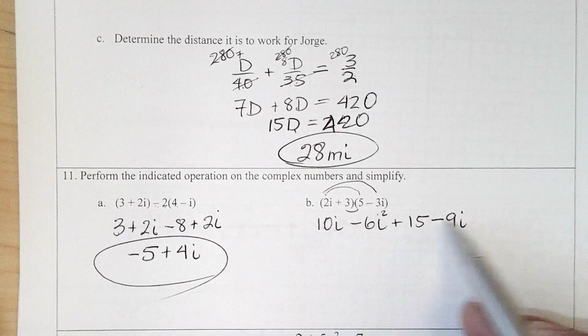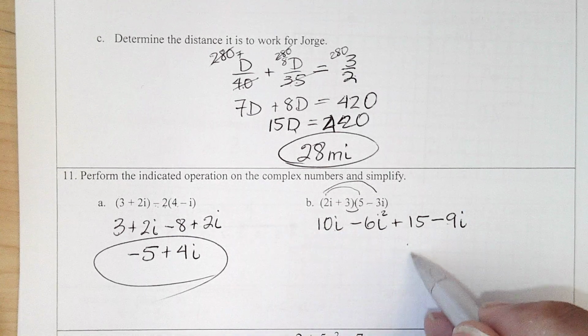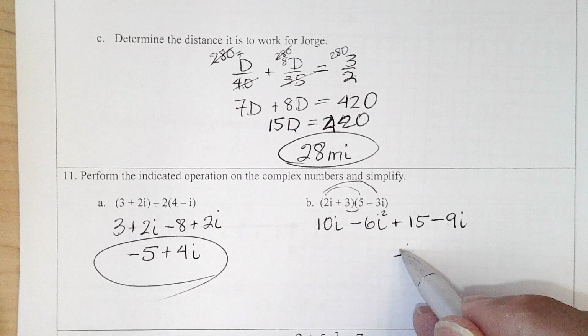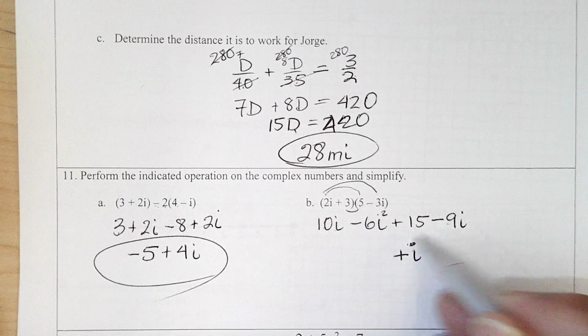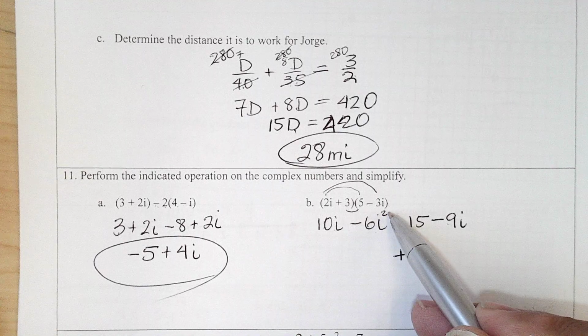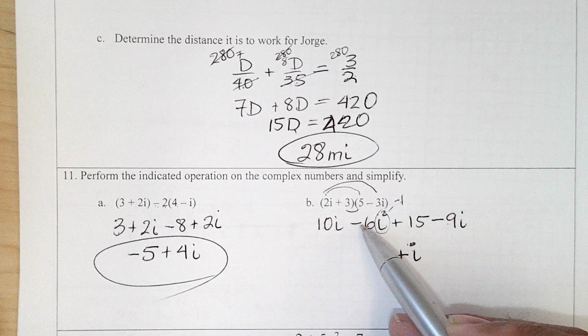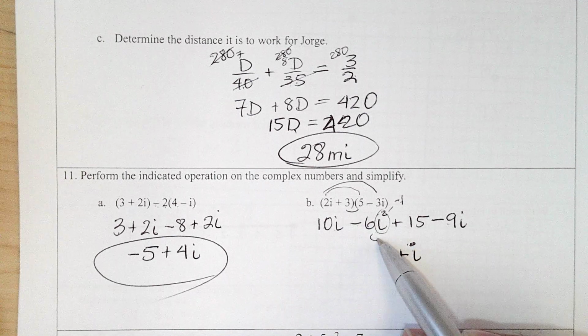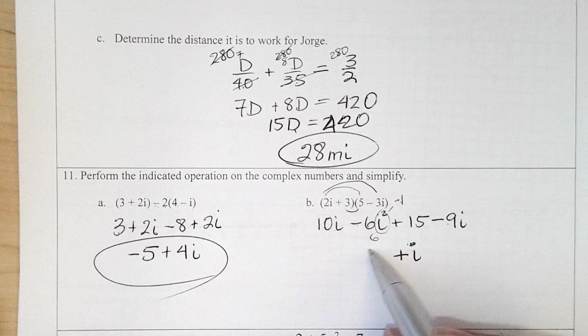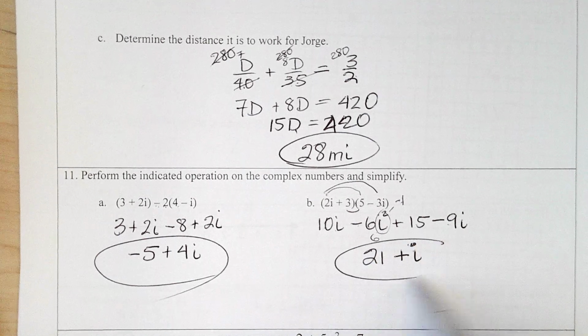So I have 10i minus 9i, which is just 1i. And I have here i squared is negative 1. Negative 1 times negative 6 is 6 plus 15, 21.